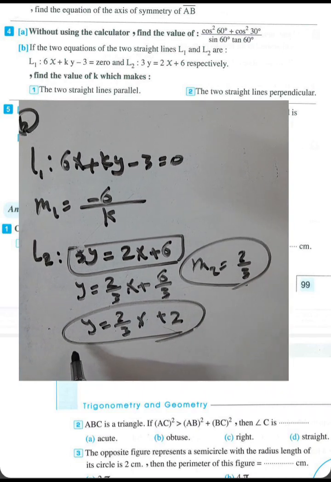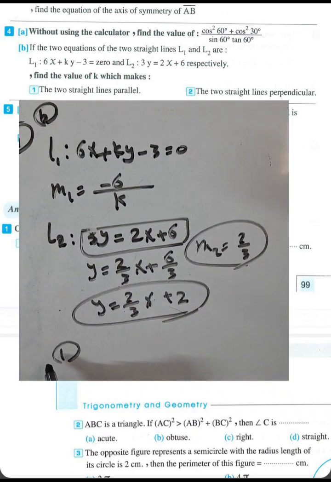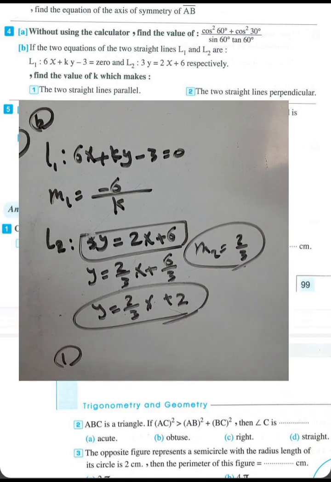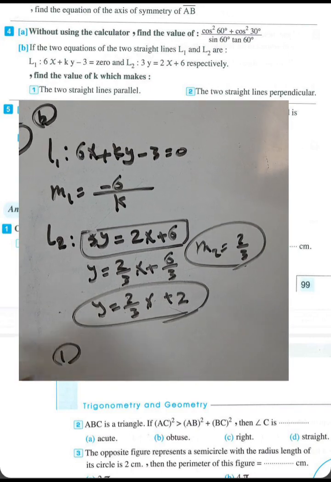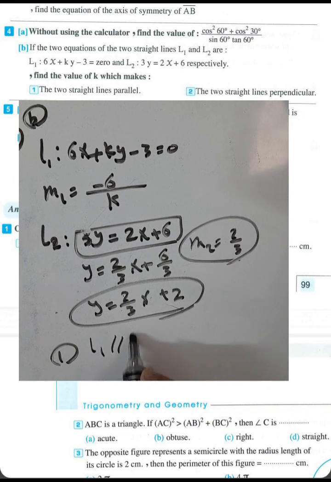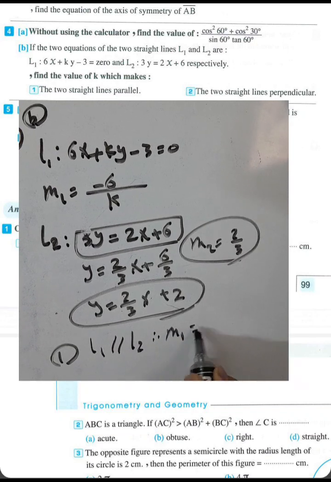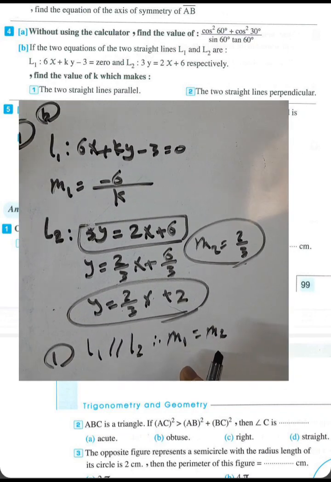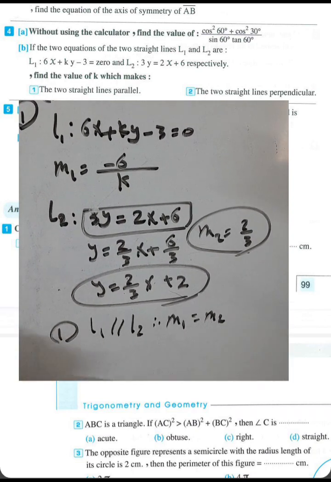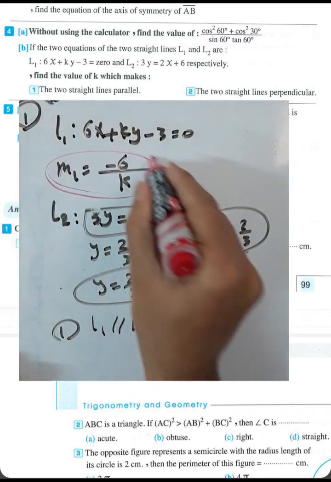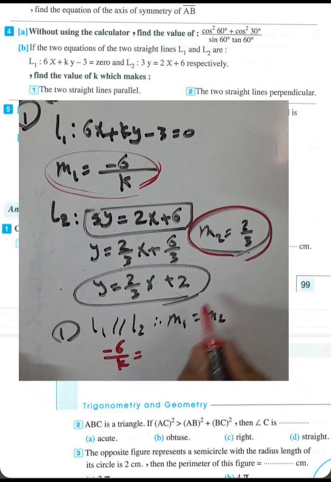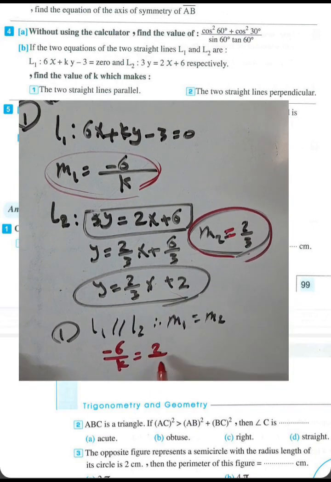Then you can solve for k. If the two straight lines are parallel, L1 parallel to L2, then M1 will be equal to M2. M1 refers to the slope of the first straight line, and M2 refers to the slope of the second straight line. Then negative 6 over k equals 2 over 3.